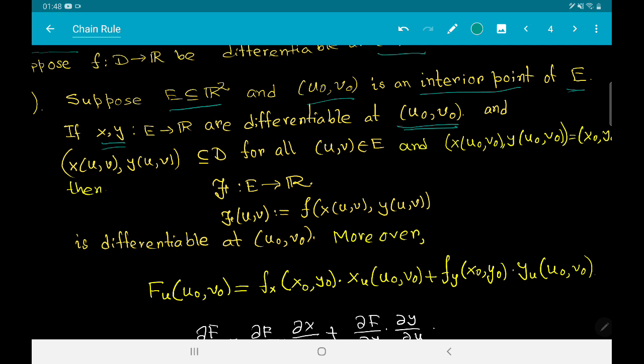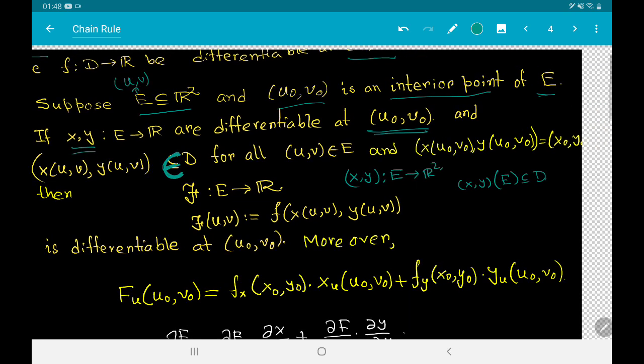And also we have the condition that if I take (u, v) from E, then (x(u,v), y(u,v)) is an element of D. So this is not really a subset, this belongs to D. As such, if we take this function, say (x, y) from E to R2, then (x, y) maps E inside D.